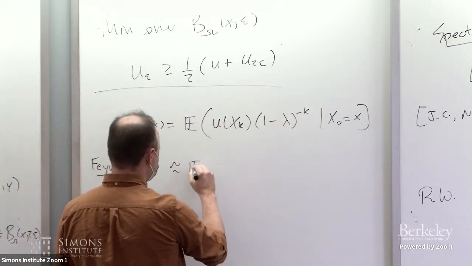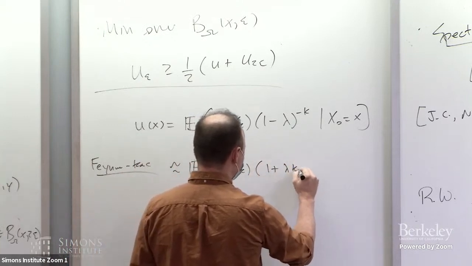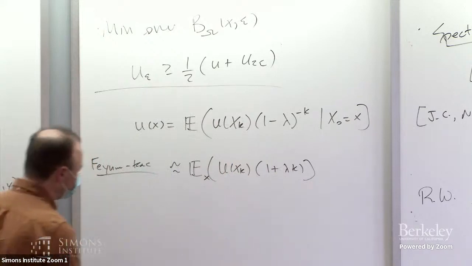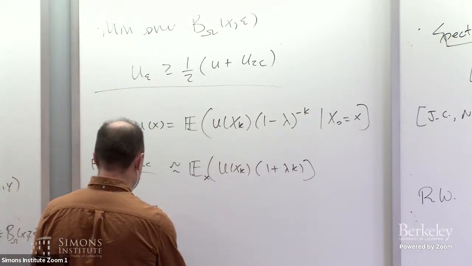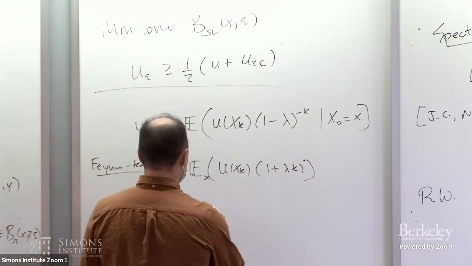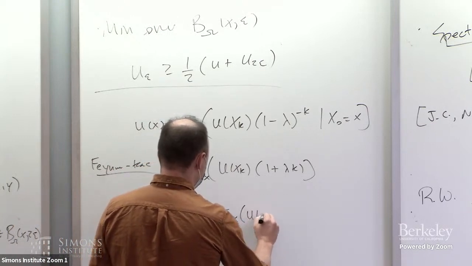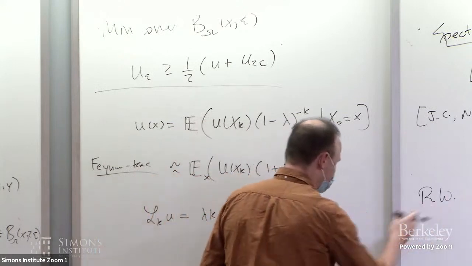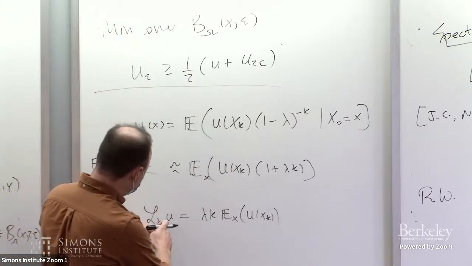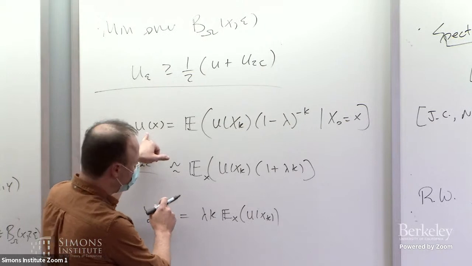You can Taylor expand this kind of thing, 1 plus lambda k, like this. So x denotes that I'm going to start at x. And so what you get, I would call this a homogenized eigenvalue problem: L_k of u is equal to lambda_k times u. And of course this expectation is over the random walker, not over the random graph that we're constructing. So this operator L_k of u is the difference between u and the expectation of u over the random walk.